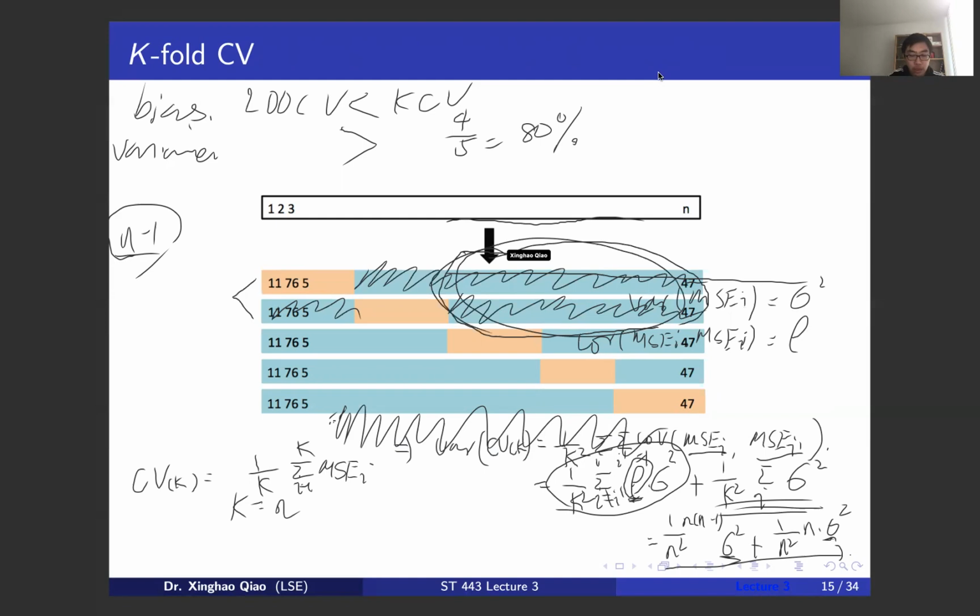So there is still a big difference in the training data sets for different folds. Therefore, the rho for K-fold cross validation, if K is much smaller than n, will be much lower than 1, closer to 0. As K moves further away from n, rho gets closer and closer to 0.